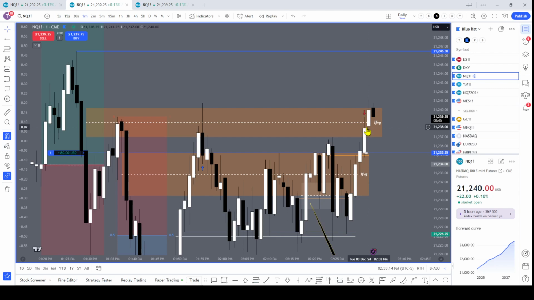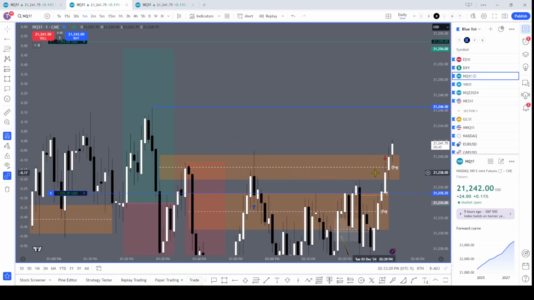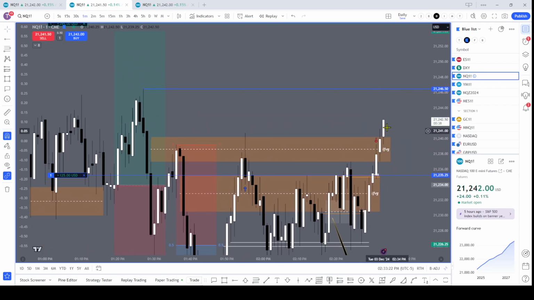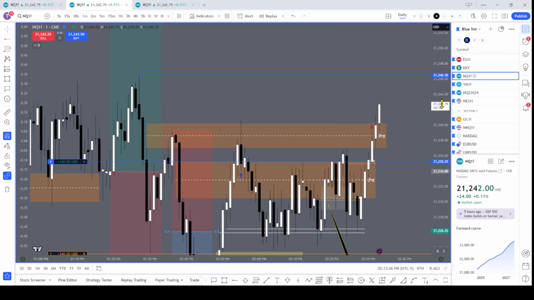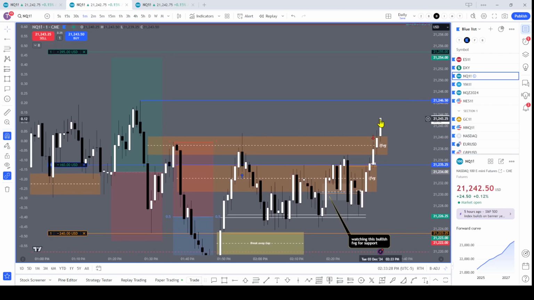We got a volume imbalance here, volume imbalance there. Could get some fast movement through this high. Large range candles. Those volume imbalances are saying that it's starting to get into a rush, trying to hurry up and get somewhere.